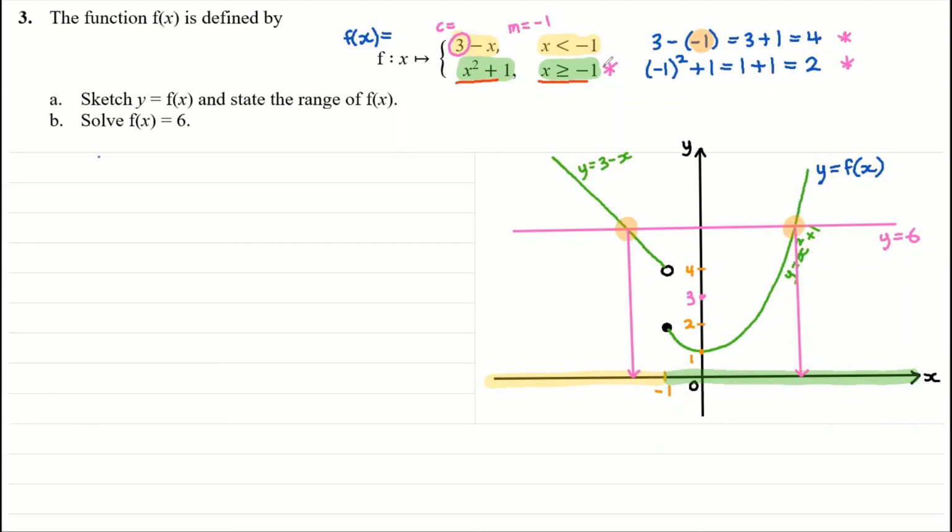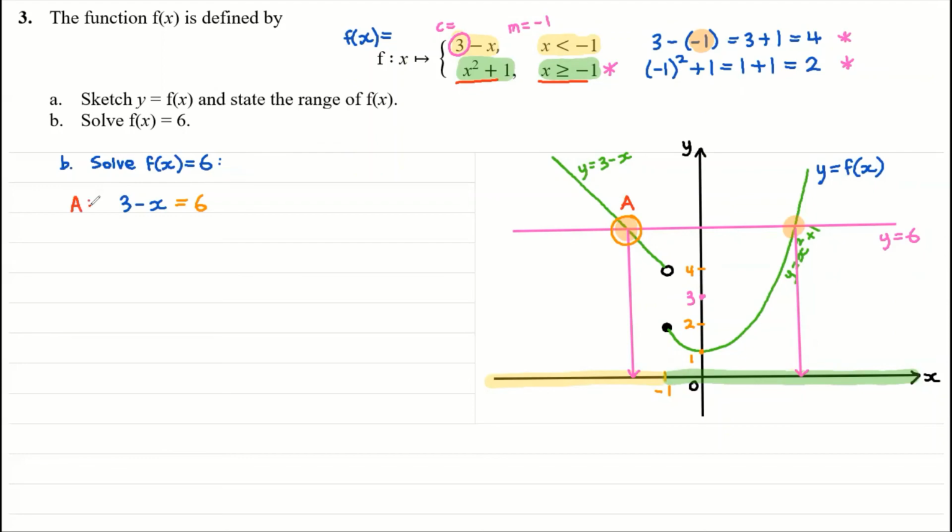So for solving, this is for part B, for solving f of x equals 6, we're going to have to solve the equation 3 subtract x is equal to 6, first of all. That's to cover this point of intersection here. So I'll label that point A. And this is for point A. This will solve the x coordinate for that one.